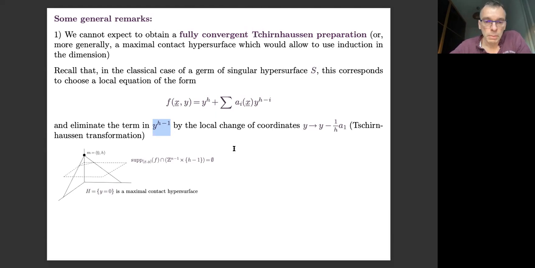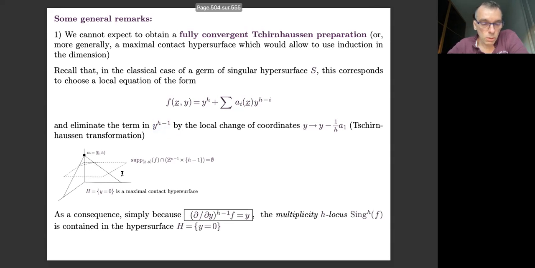But in our case, this corresponds geometrically to a very simple observation: if you draw the Newton polygon of the function f, you are trying to eliminate all the support contained on the hyperplane at height h minus 1, right? So eliminating the term in y to the power h minus 1 means that you cannot have any point of the support on this dashed hyperplane.